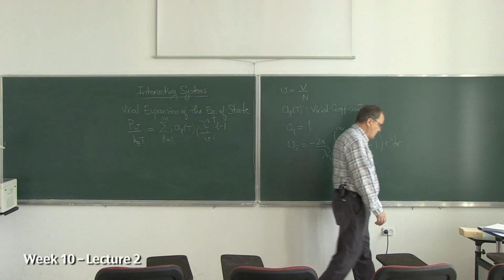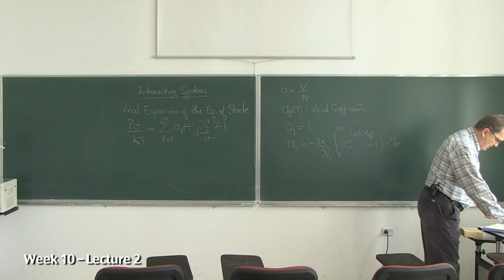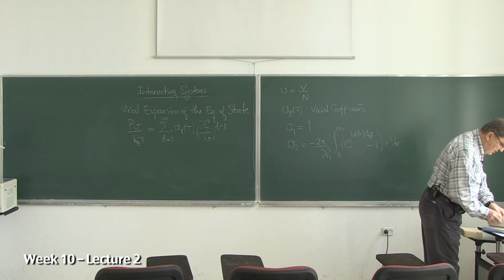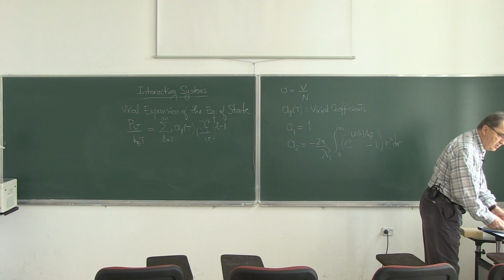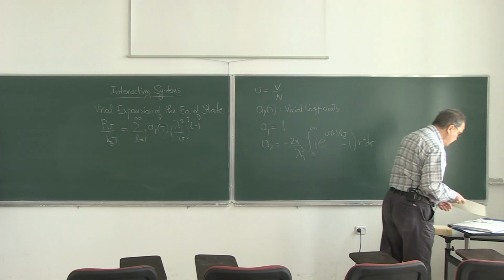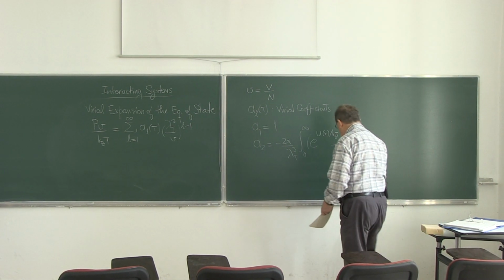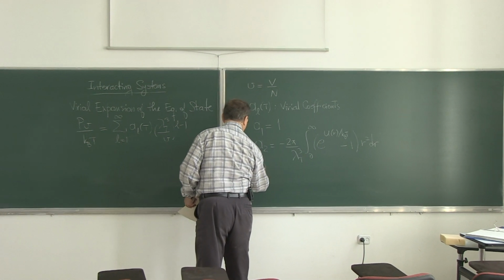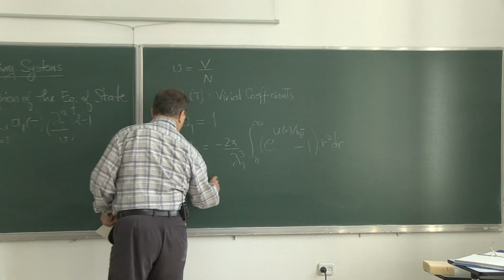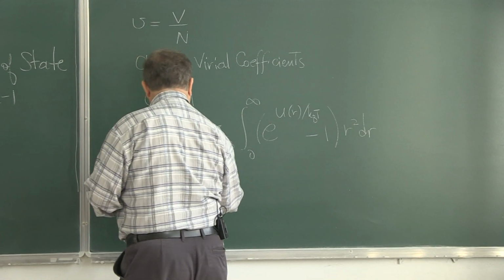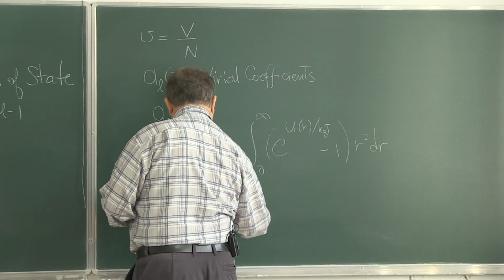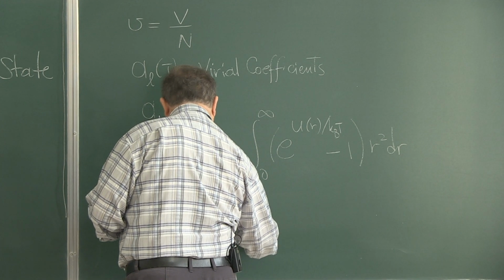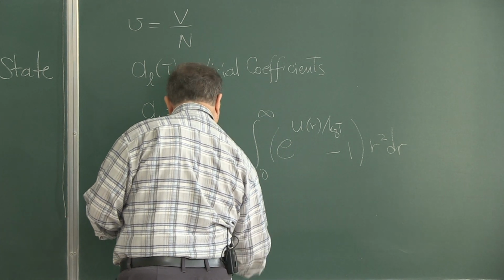term. It is interesting, but of course these terms are going to be less important for a dilute gas. Third, terms of the order of 1 over 3 lambda t cube, t to the power 6.